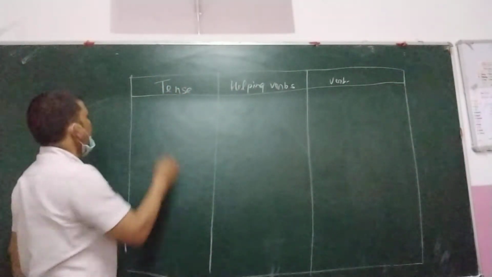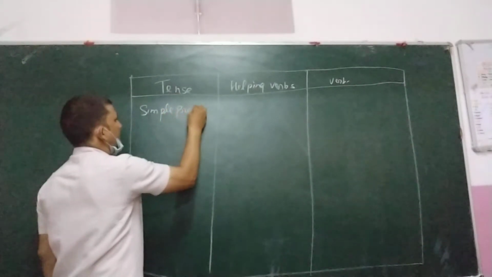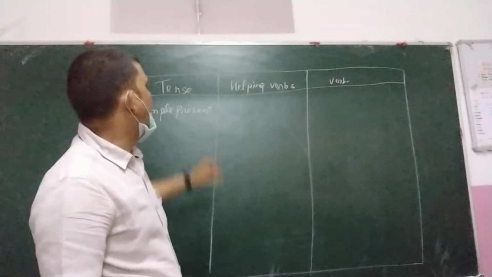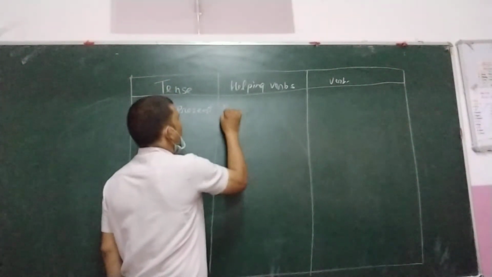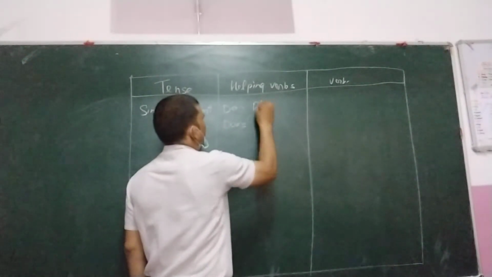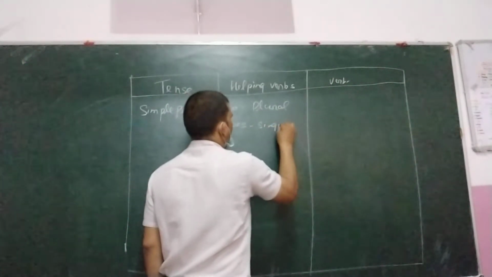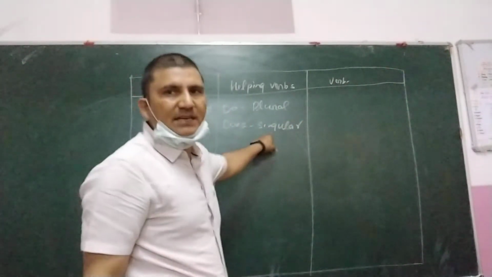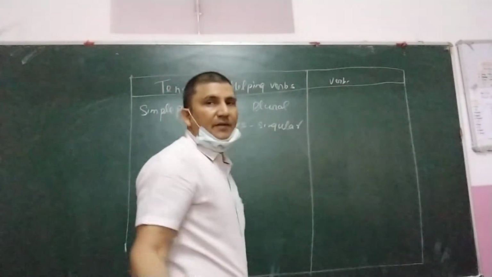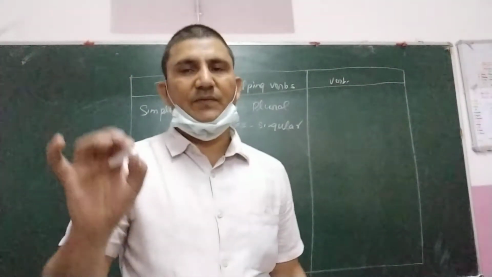Very first, simple present tense. In simple present, the helping verbs are do and does. With singular subject, we use does, and with plural, we use do. If we talk about the verb, except in affirmative sentences, we always use the first form.